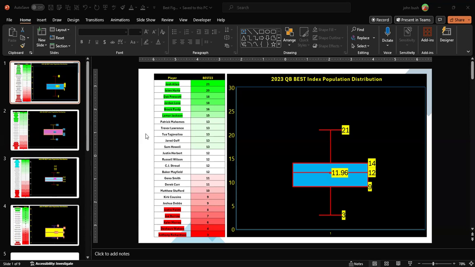For instance, if by luck of the draw I was in the right position of the draft and I got Allen and Hurts on the same team. I know, based on the numbers from the last couple of years and what I'm expecting of them, I'm going to make a forecast of what I expect their best to be for 2024.